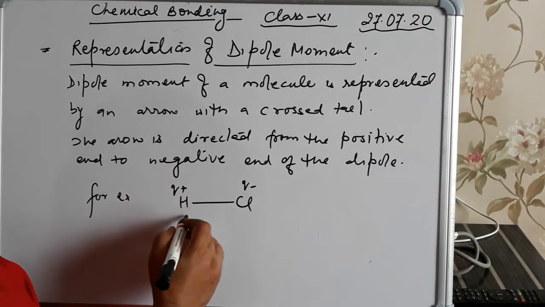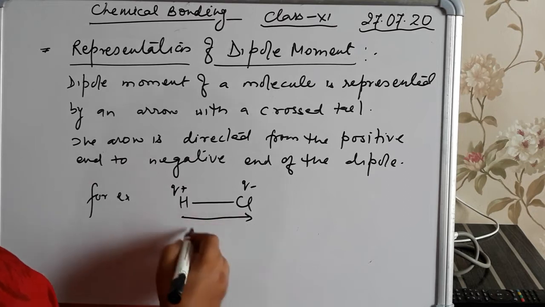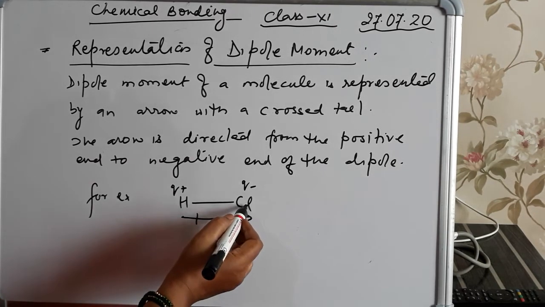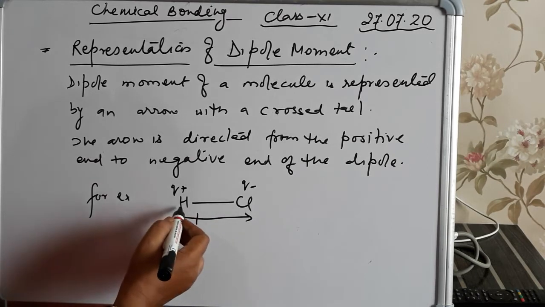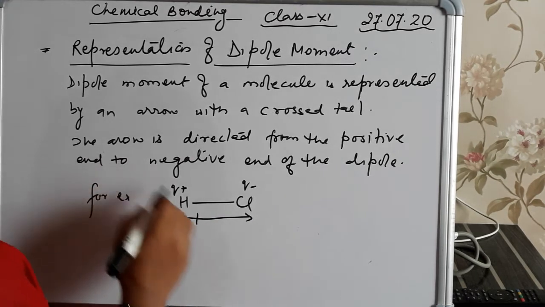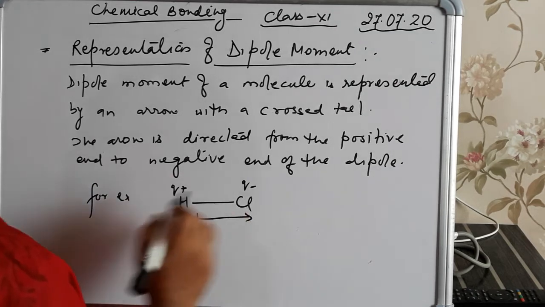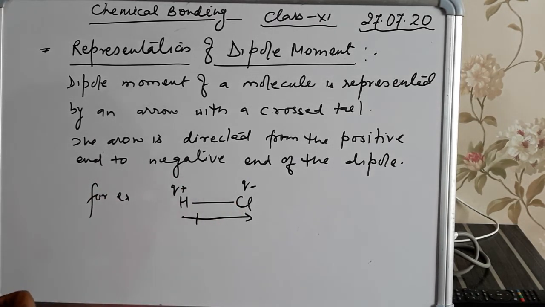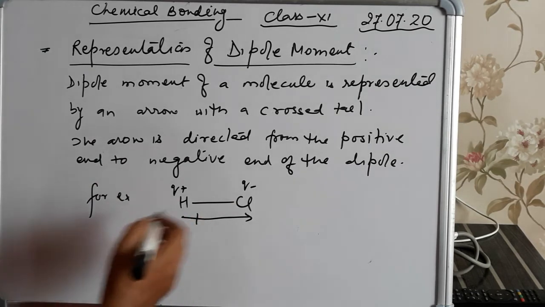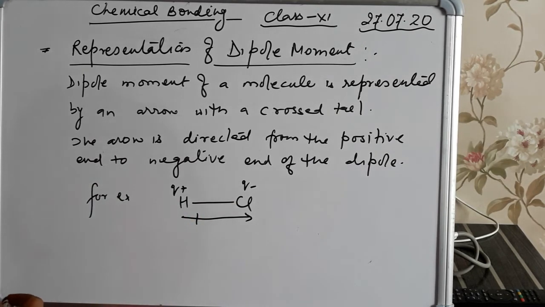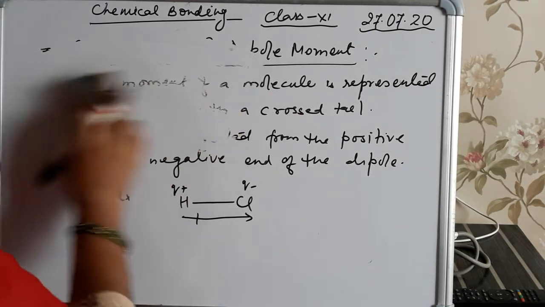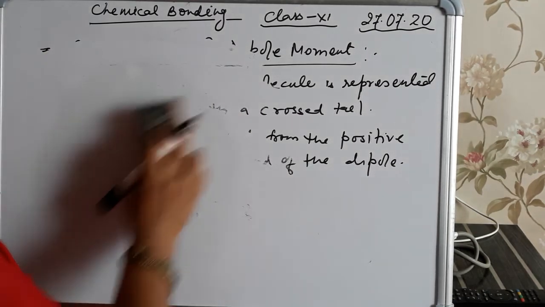So we can represent it by an arrow towards the negative end and a crossed tail at the positive end, directed from positive to negative. In this way we can represent the dipole moment by an arrow with a crossed tail. Next we discuss the origin of dipole moment of a polar molecule.